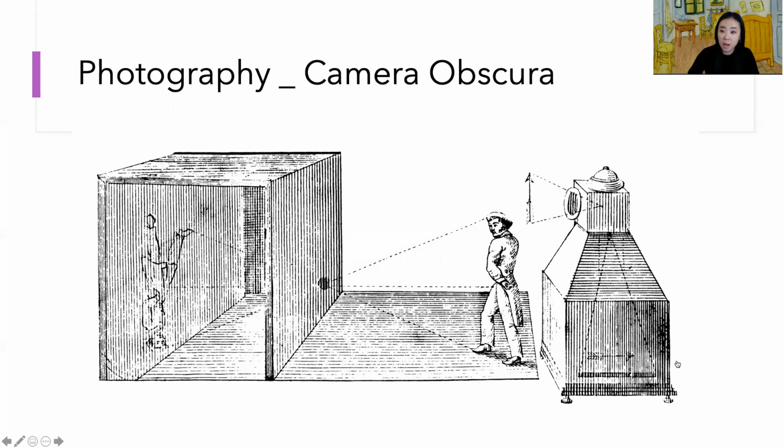Artists of the time concerned with making optically convincing representations through perspective and chiaroscuro welcomed this improved camera obscura as a drawing tool. There is a video about camera obscura in this section of Moodle Room. Please watch the video on how to make a camera obscura and how it works.